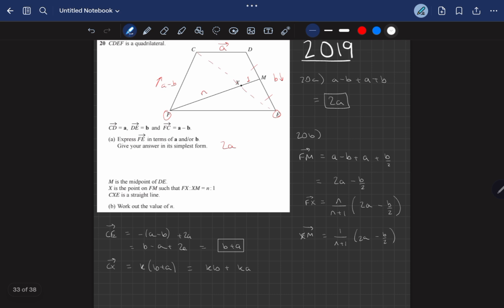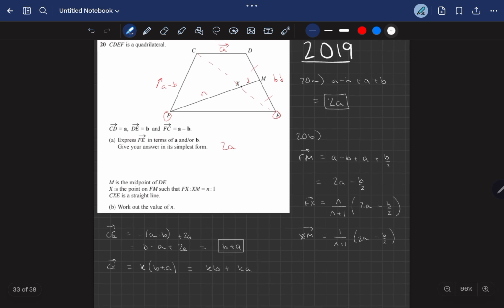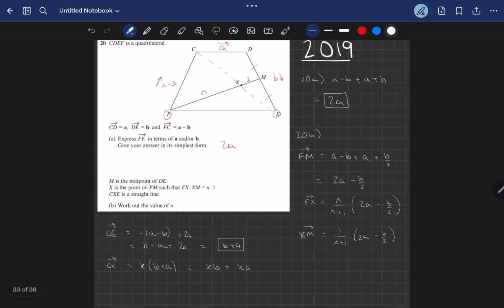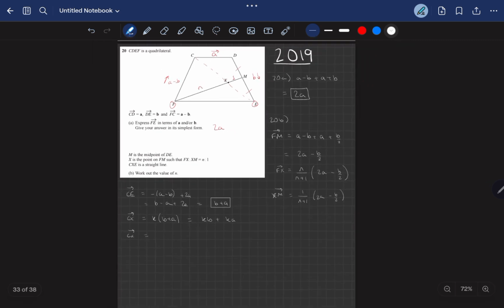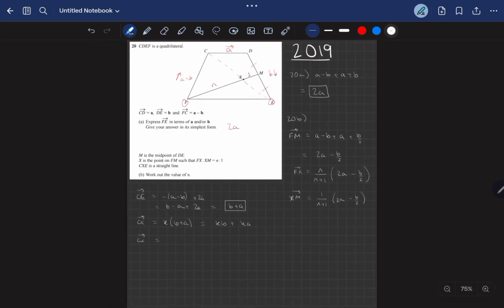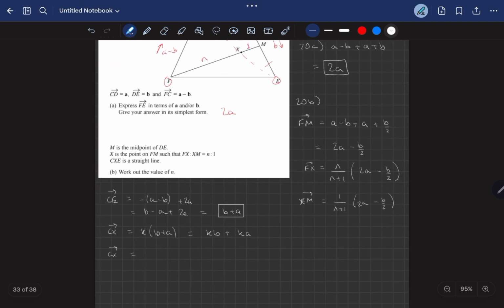Now, let's find what CX is in terms of n. So for CX, we go from C to F up to X. So CX is also equal to negative A minus B, plus FX.